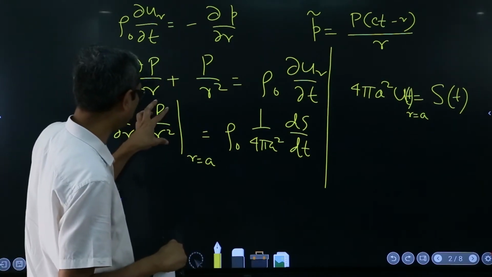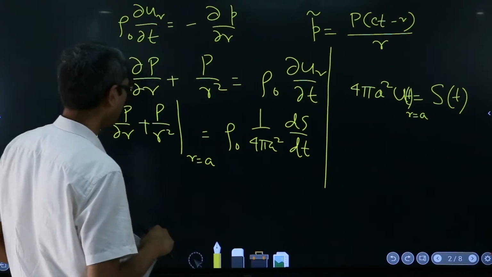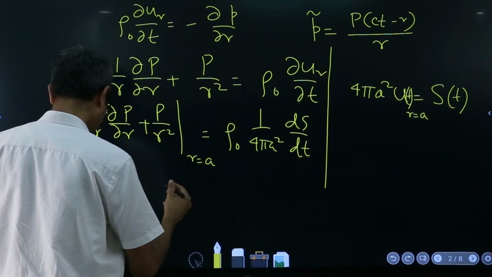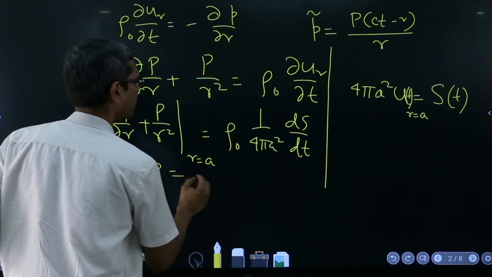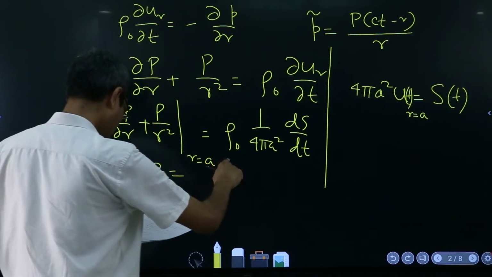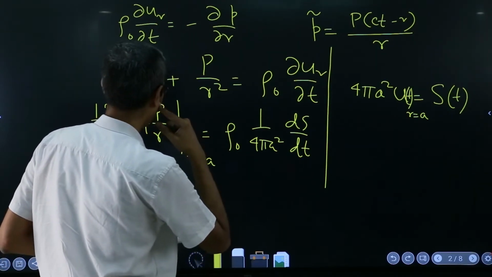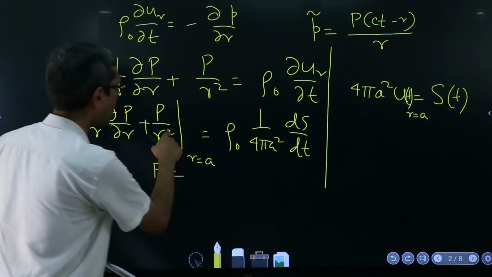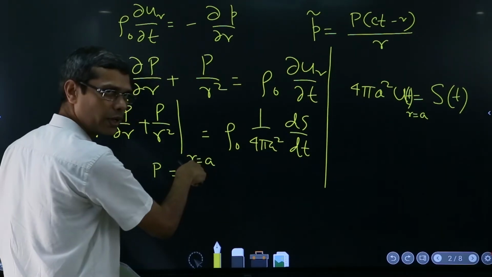So that means this will be the dominant term, okay. So that means you will have P will be equal to, so this r square and this a square will get cancelled at r is equal to a.